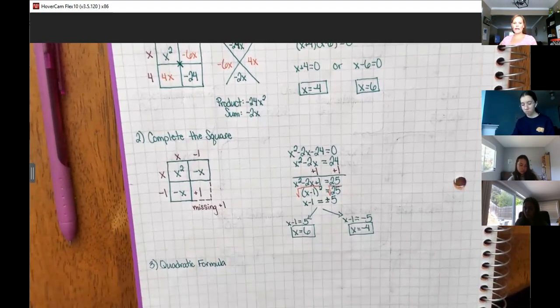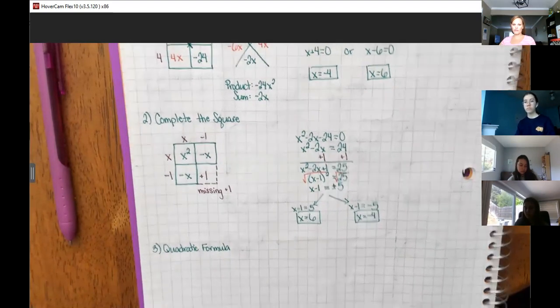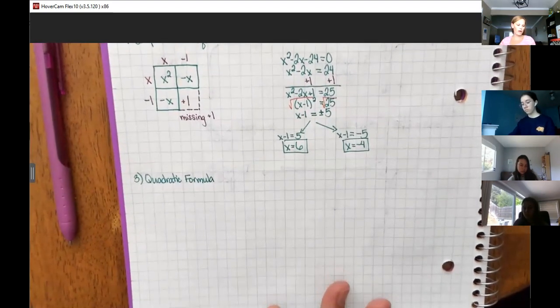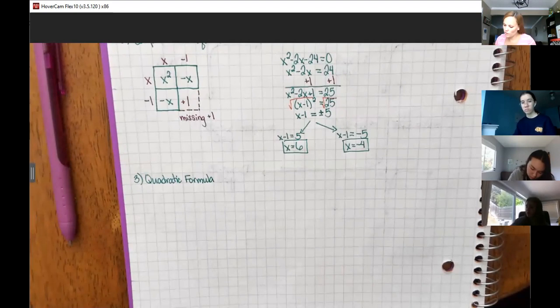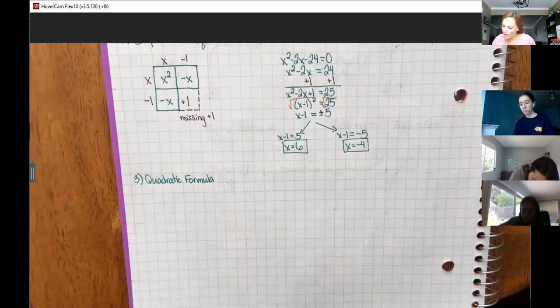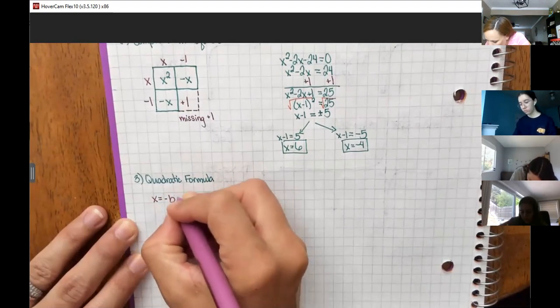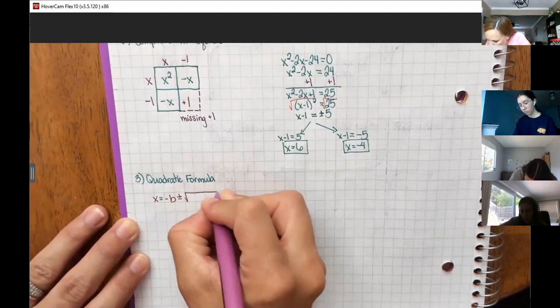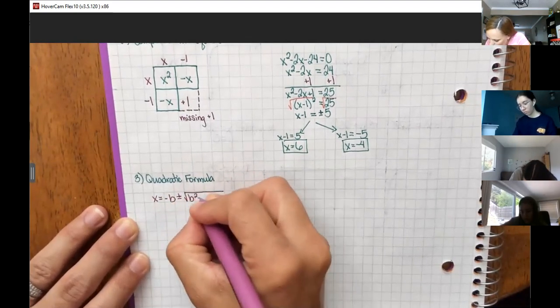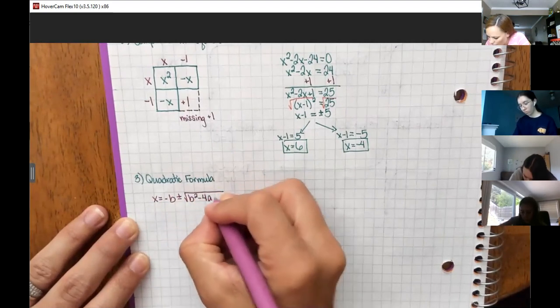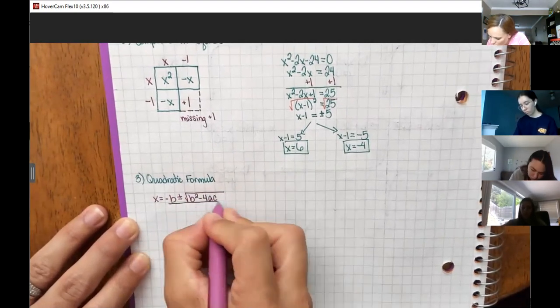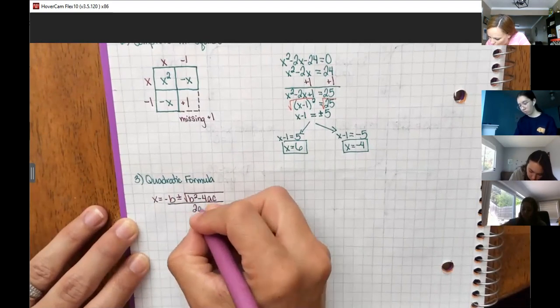And then our last option is the quadratic formula. So the quadratic formula, just to remind you, in case you don't remember it, is x equals -b plus or minus the square root of b squared minus 4ac, all divided by 2a.